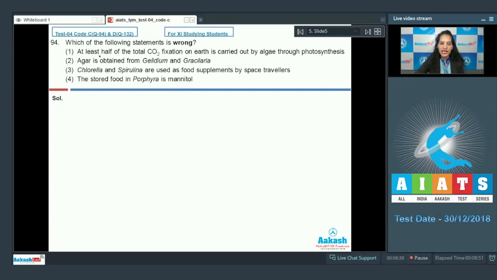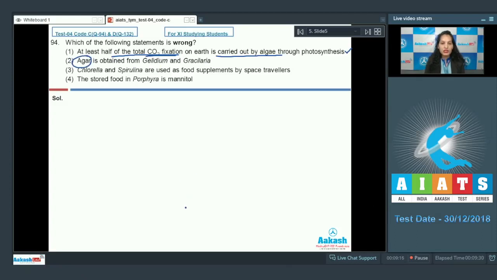First statement says that at least half of the total CO2 fixation is carried out by algae through photosynthesis. It is a correct statement because the algae carry out photosynthesis. They take carbon dioxide and release oxygen. So they fix carbon dioxide into carbohydrates and at least half of the carbon dioxide is fixed by them. Second, agar is obtained from Gelidium and Gracilaria.